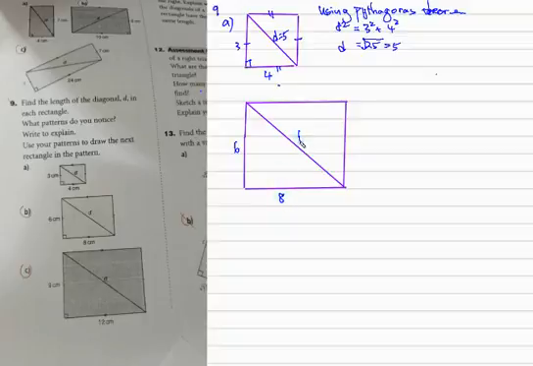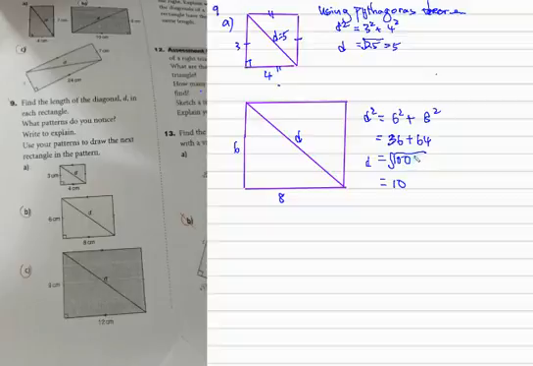Let's find the d this time. Again, using Pythagoras theorem, d square is equal to 6 square plus 8 square. So this is 36, this is 64, which gives you 100. Therefore, d actually is square root 100, which gives you 10.